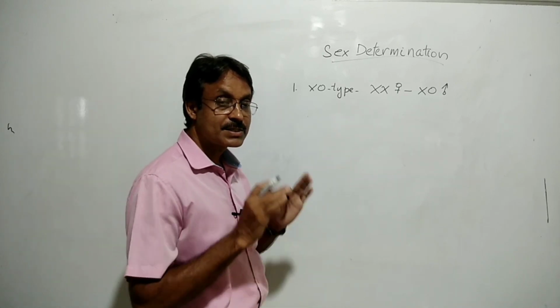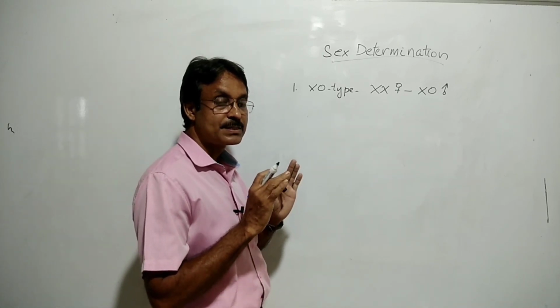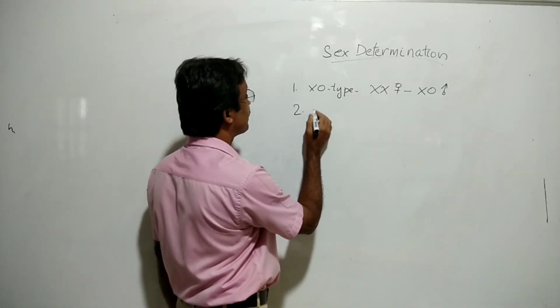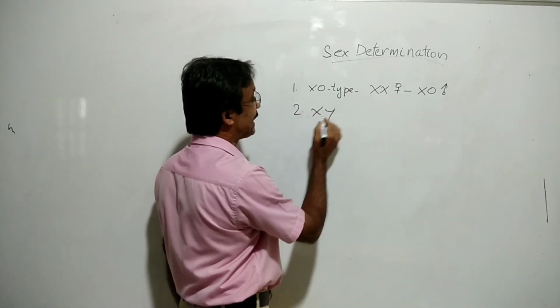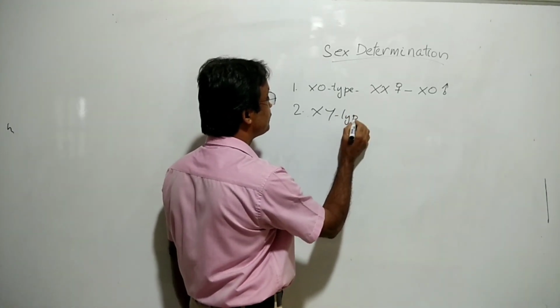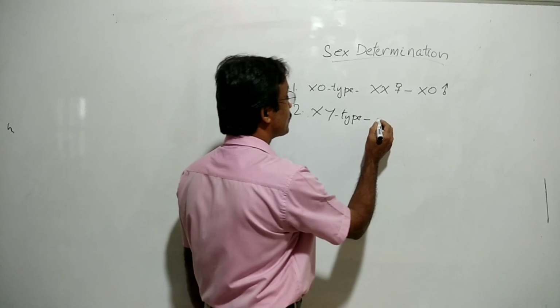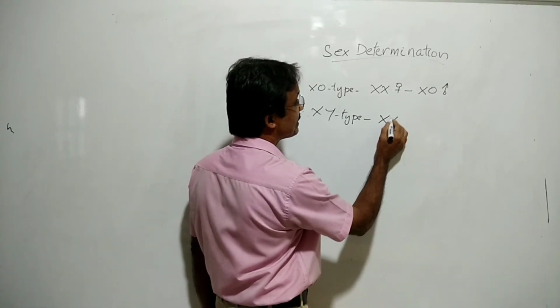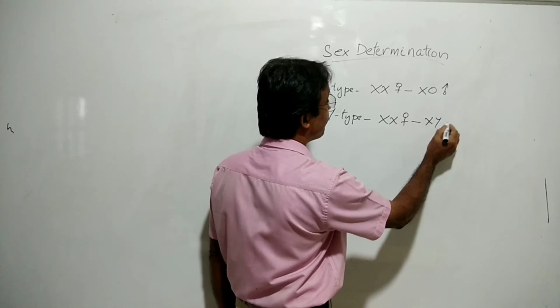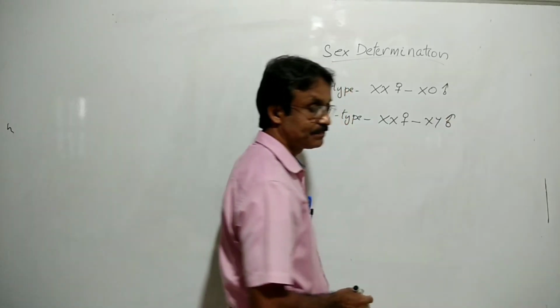Then the second type of sex determining mechanism is known as the XY mechanism or XY type, or it is also called the XX female XY male mechanism.